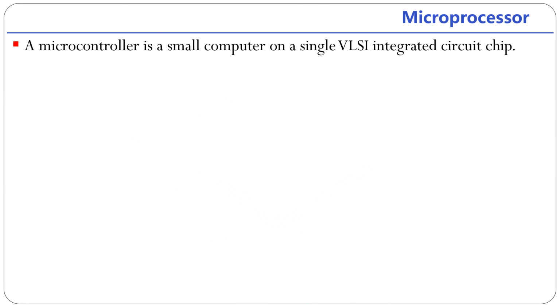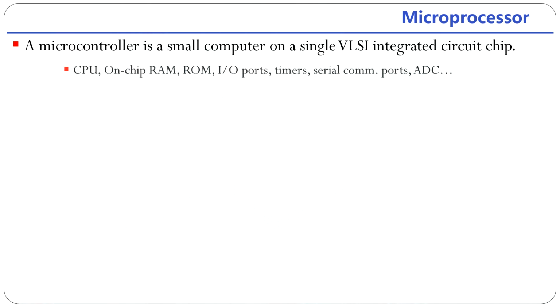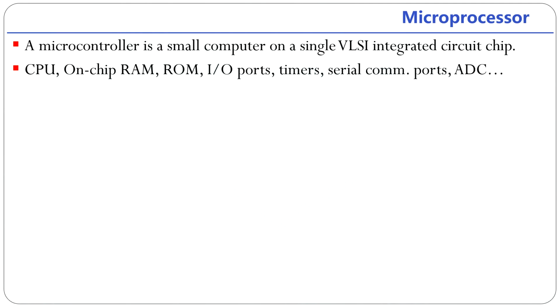Then coming to the definition of a microcontroller. A microcontroller is a small computer on a single VLSI integrated chip, which includes CPU, on-chip ROM, RAM, I/O ports, some timers, serial communication ports, ADC, DAC, and some other resources required for a particular application.